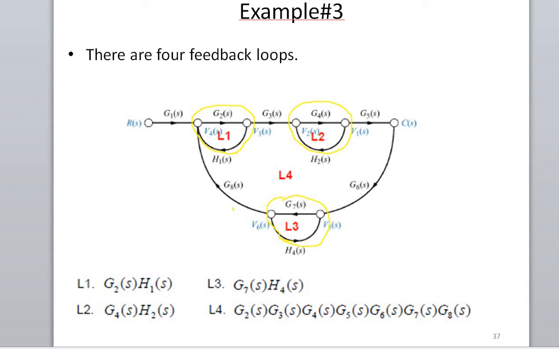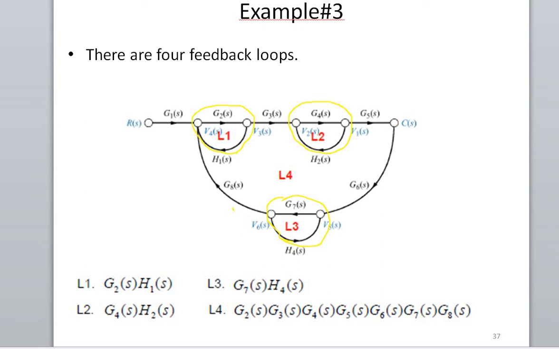The first step is to identify the forward path and write the gains of the forward paths. The next step is to identify the feedback loops and write the gains, the loop transfer functions of the feedback loops. And the next step is to write the equation with respect to Mason's gain rule.